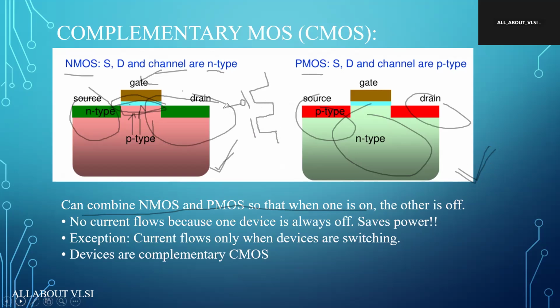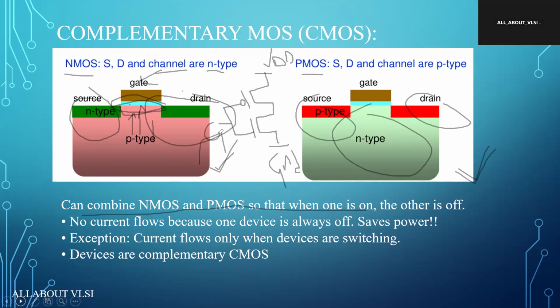This one is P-type and this one is N-type, right? Here VDD and this one is ground, right? So here we are having the gate.